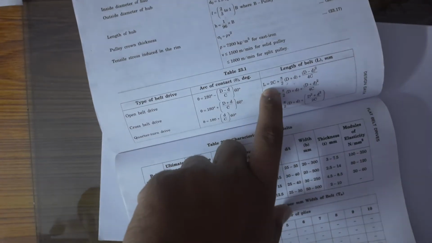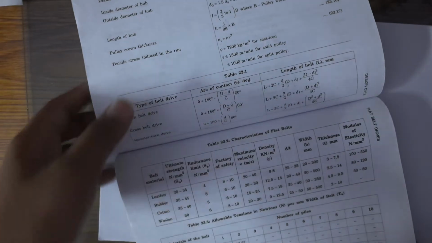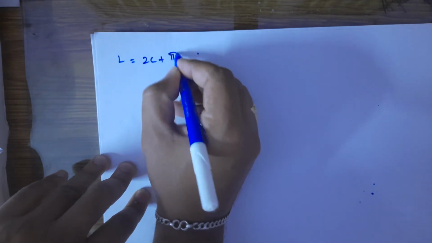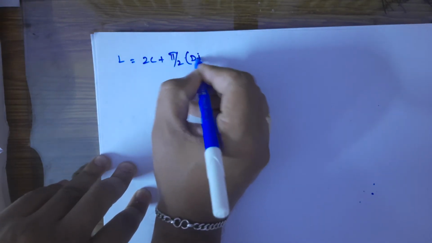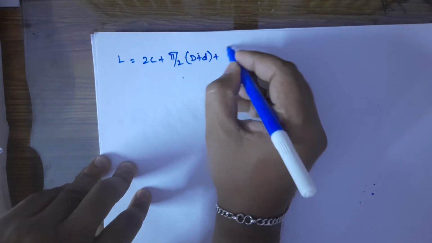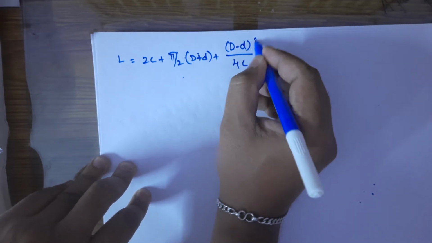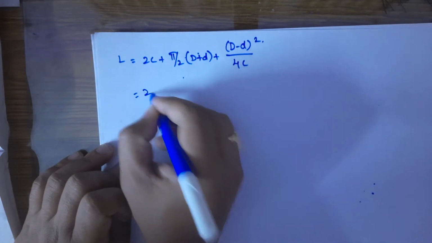See here, L is equal to 2C plus pi by 2 into (D plus d) plus (D minus d) square by 4C.